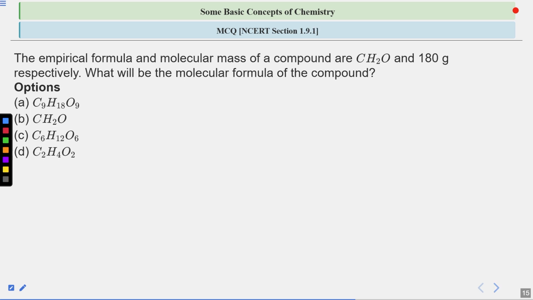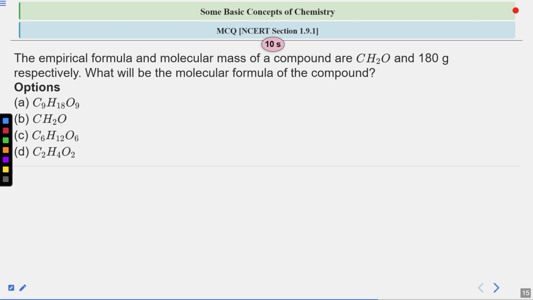Our next question. The empirical formula and the molecular mass of a compound are given as CH2O and 180 grams. What will be the molecular formula of the compound? You have 4 options: A, C9H18O9; B, CH2O; C, C6H12O6; and D, C2H4O2.